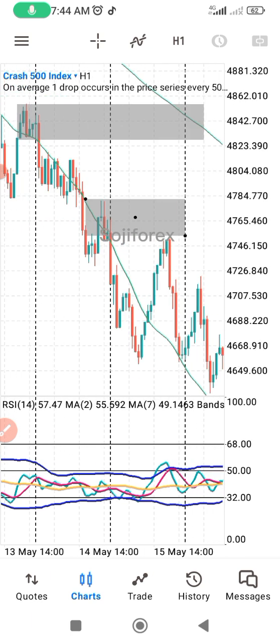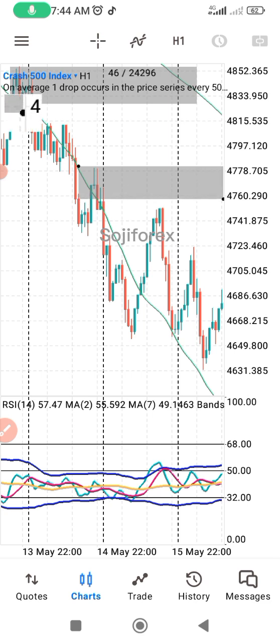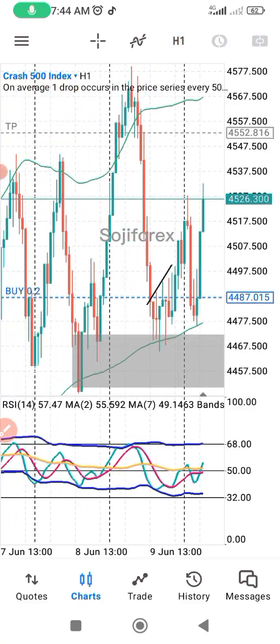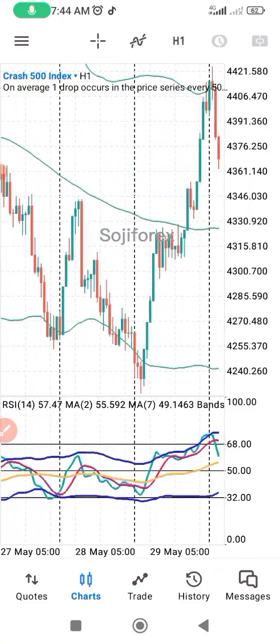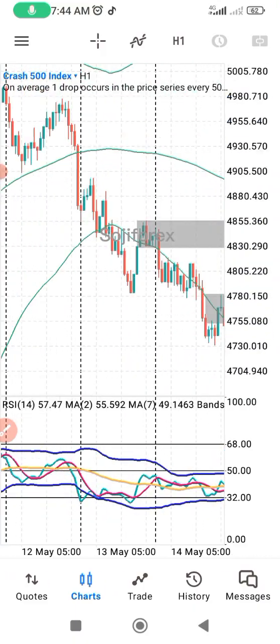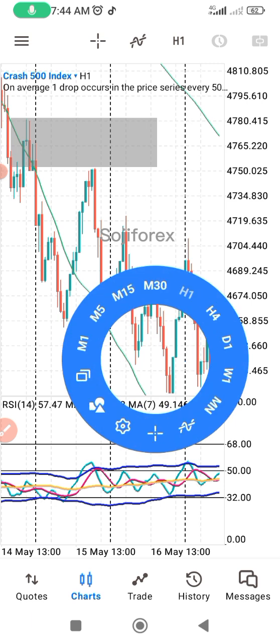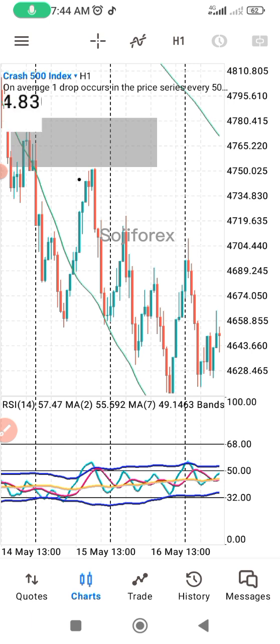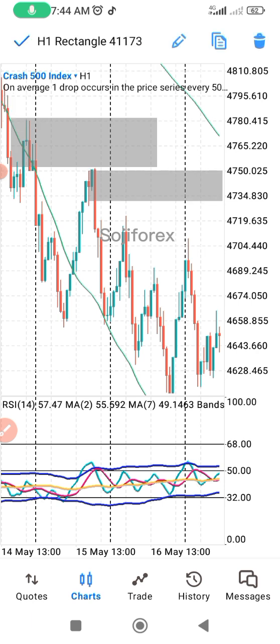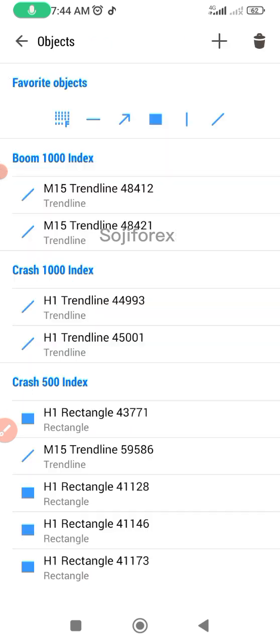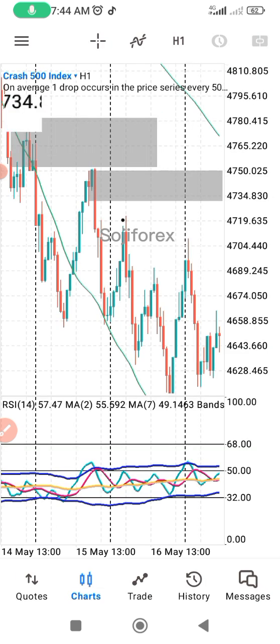Okay, you define your order block by the structural candles you find in those zones. So what I am doing basically now, I am marking my order blocks. And here I have another order block. Here I have another order block.